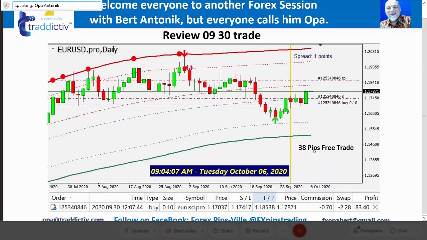I would gain 38 pips, protecting my account and making sure that everything was good. Still with a little profit, not as much as I'd like to have, but having some profit is better than no profit, and no profit is better than having a loss.